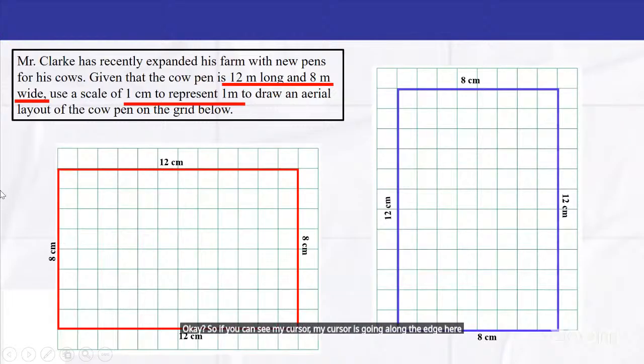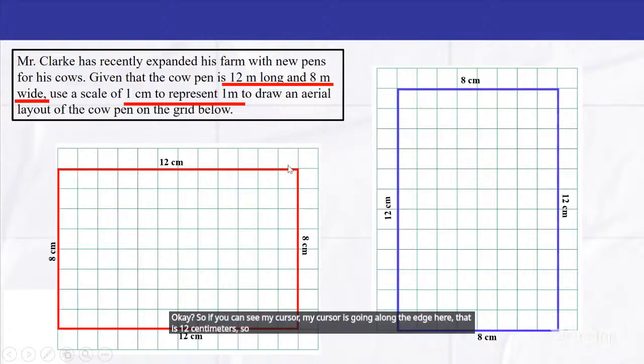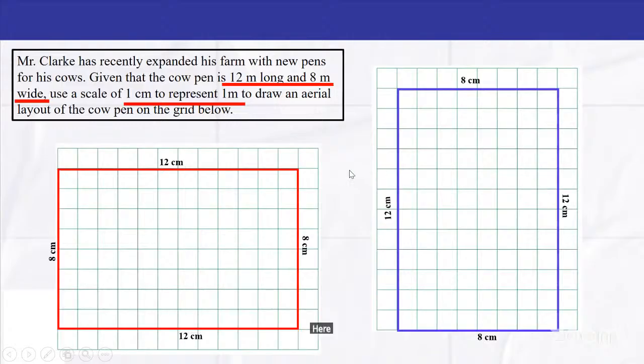That is 12 centimeters, and the edge here is 8 centimeters, and so on. So it's along the edges, along the boundaries, or along the borders, not around. When we go around, we will be going around in a circle. But I know you have the idea, we just want you to use the right math language.